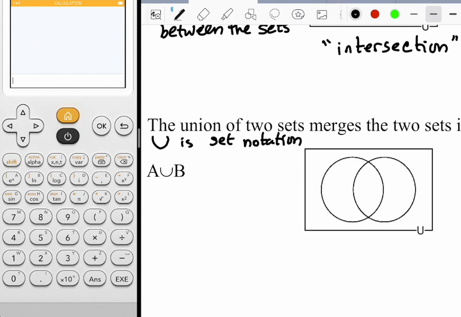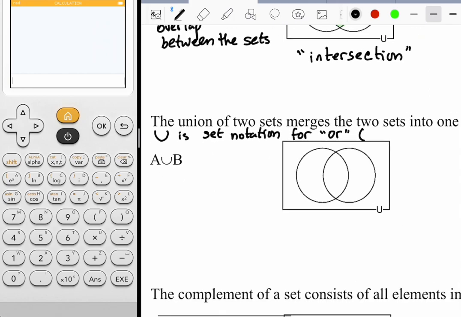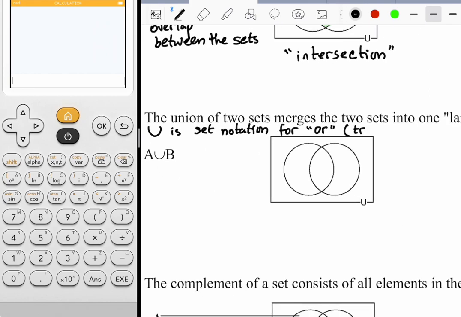All right, set notation for OR. Treat it the same way you would treat the V. So in terms of the logic of it, that's the case of I'm wearing shoes or socks.